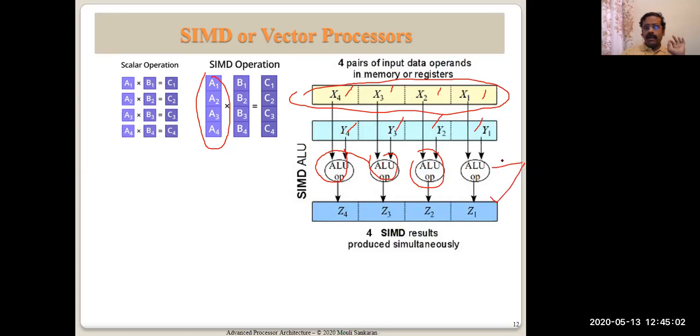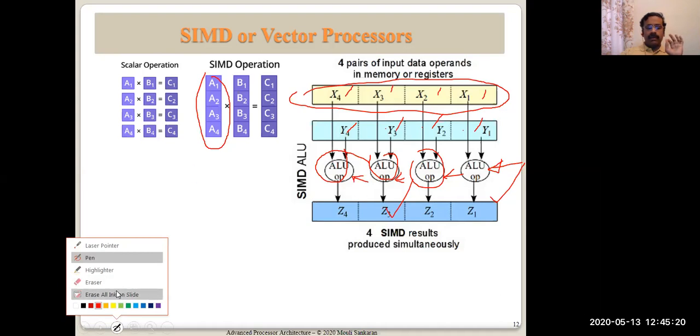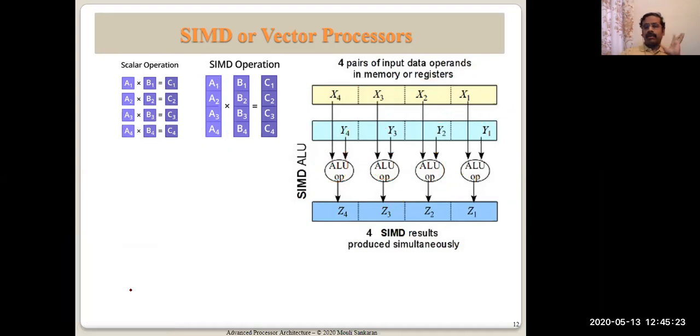So how do you program the ALUs? You read the instruction and give the command to all ALUs: perform the mul operation. All of them get the same instruction, mul, and they operate on different sets of data and get the result. This is how it is implemented internally. This is a good example of SIMD or a vector processor. How many cycles does it take? This takes 4 cycles, this takes 1 cycle.